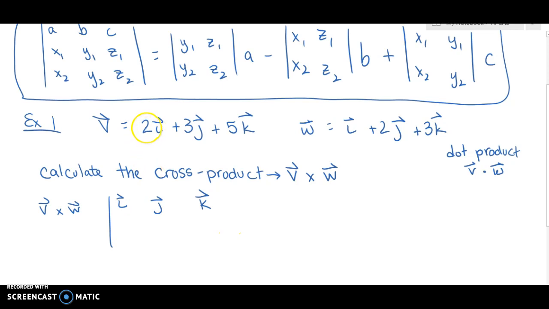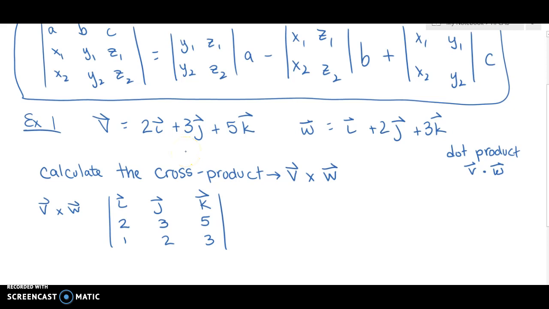So V, we had 2, 3, and 5. And W is going to be 1, 2, 3.